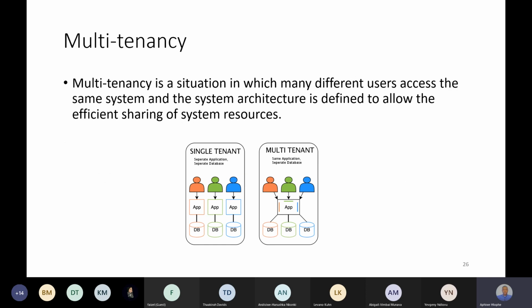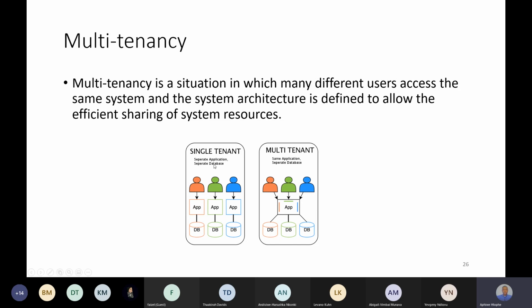And lastly, this is the aspect of multi-tenancy. Multi-tenancy is a situation in which different users access the same system and the system architecture is defined to allow the efficient sharing of system resources. A tenant is someone who is renting something. In terms of systems, we have a single tenant and we have a multi-tenant.